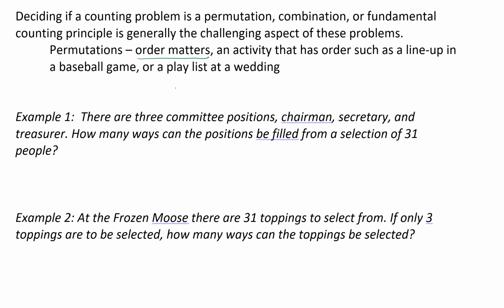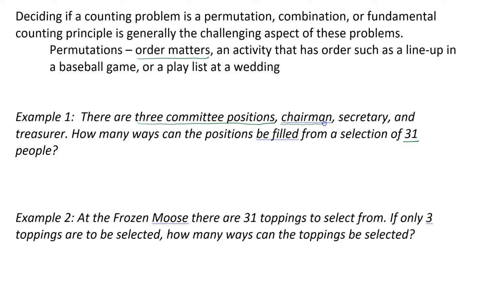Okay, example 1. There are 3 committee positions: chairman, secretary, and treasurer. How many ways can the positions be filled from a selection of 31 people? All right, I see that I have 31 people, and I know that I have 3 committee positions. And these committee positions have an importance.